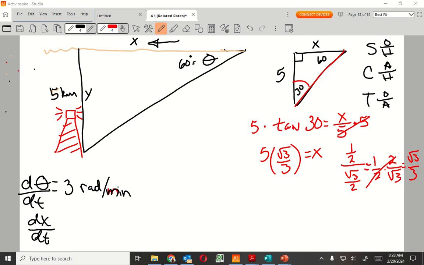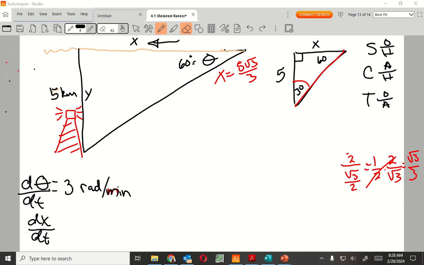Are we caught up with this so far? Okay, so I'm going to erase my work for this. Now that I have that x is 5 rad 3 over 3, all of this was to set up my problem.